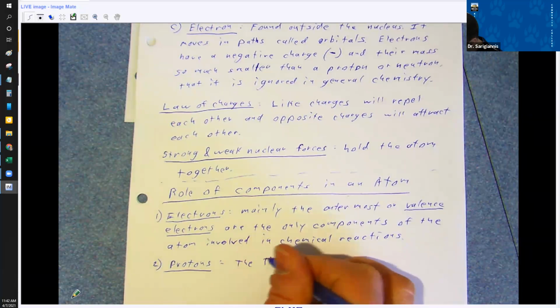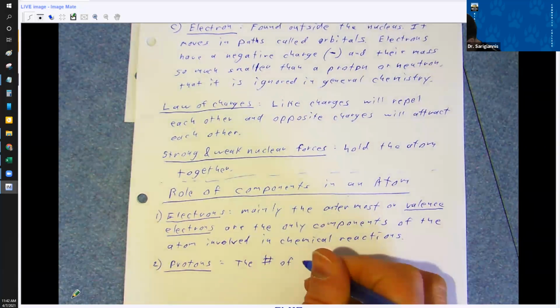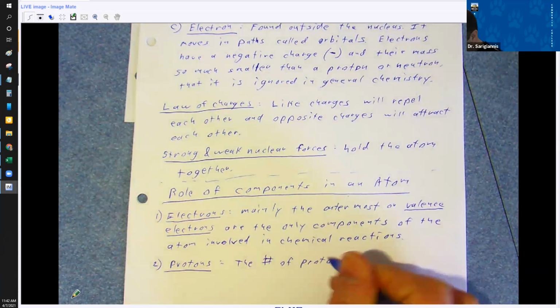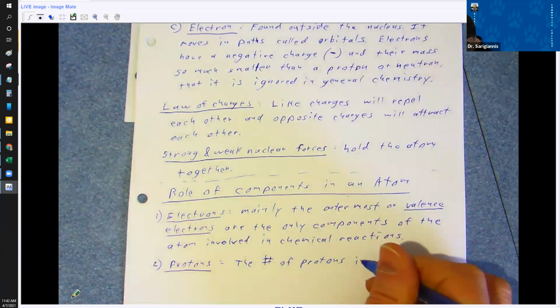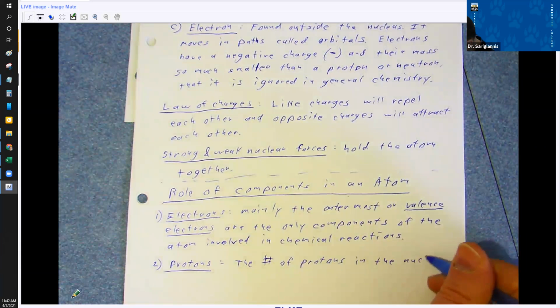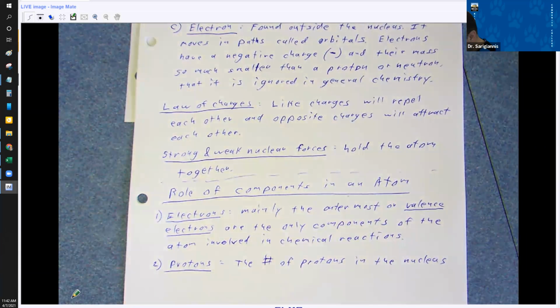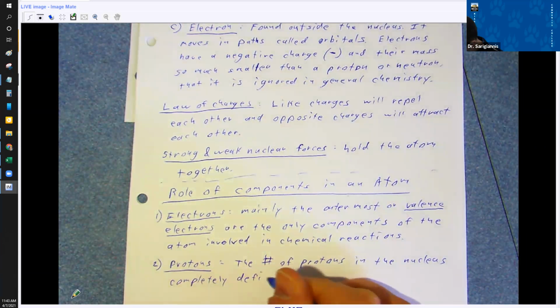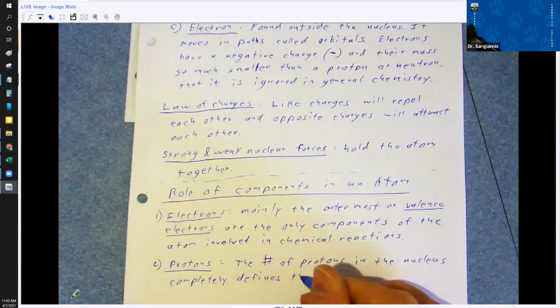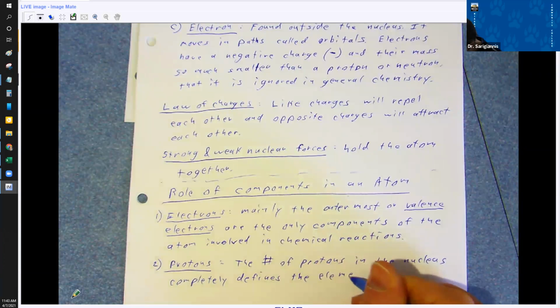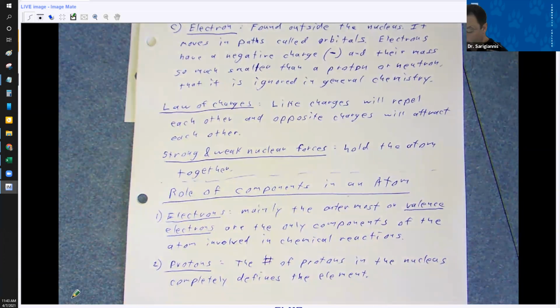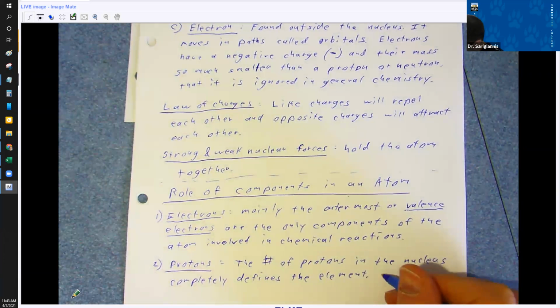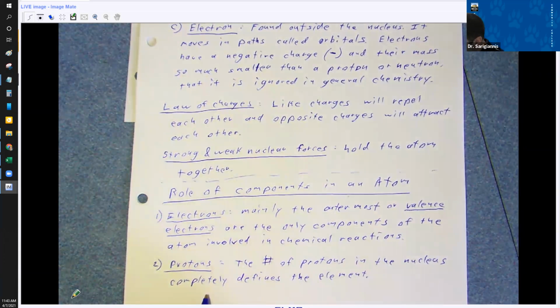The number of protons in the nucleus completely defines the element.